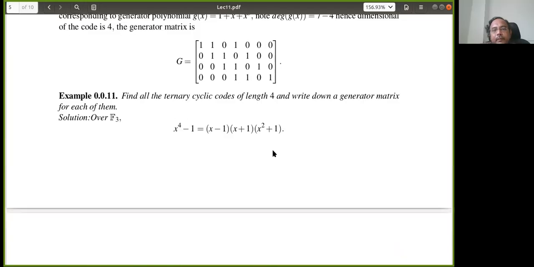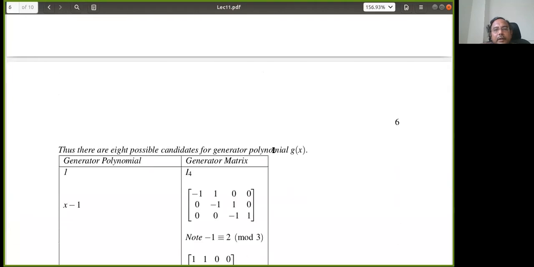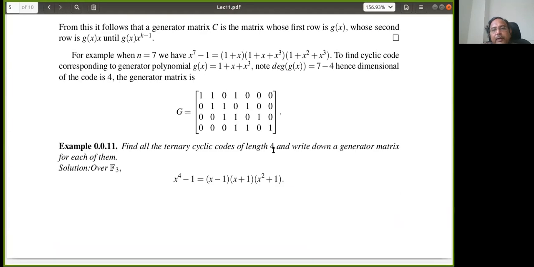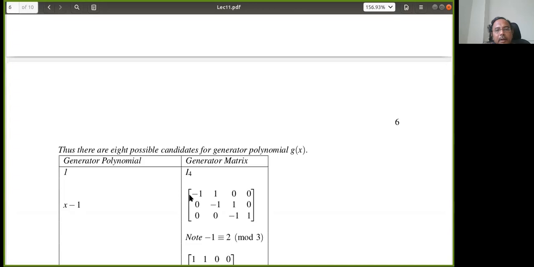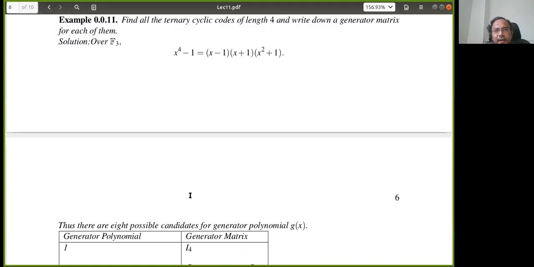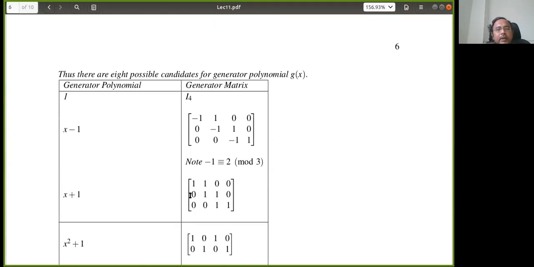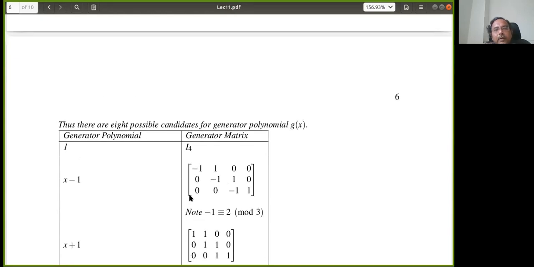Okay, fine. See, now I will try to explain that x minus 1, x plus 1, x square plus 1 are polynomials dividing x to the power 4 minus 1. Now let us look at the generator matrices only. If my generator polynomial is 1, what is the generator matrix?